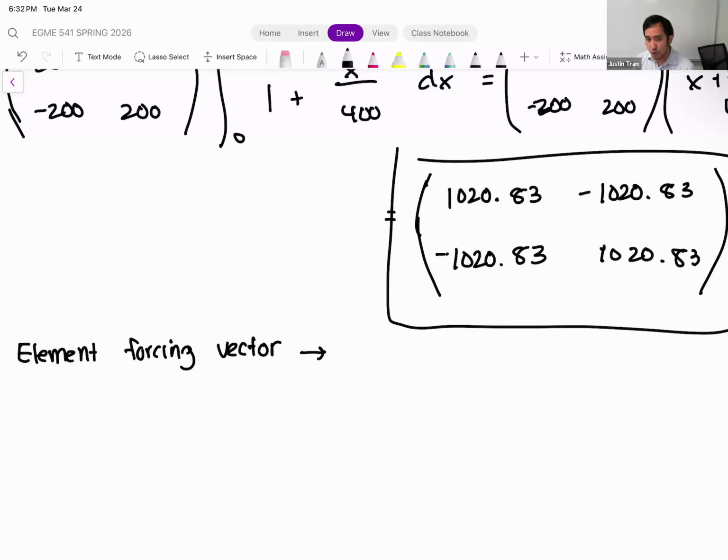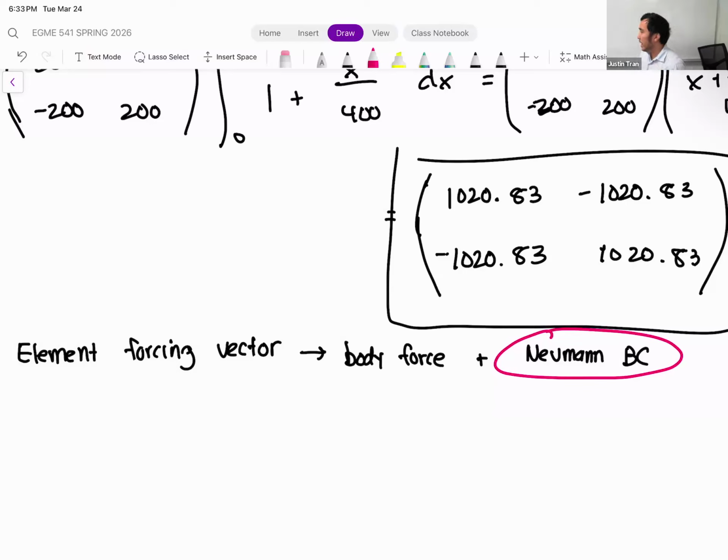And we have a contribution from the Neumann boundary condition. But remember, we only evaluate the Neumann boundary condition if this particular element has a Neumann boundary condition attached to it. And so the first question you should always ask when you're evaluating element forcing vectors is, where is the Neumann boundary condition, and do I have a contribution on this element?